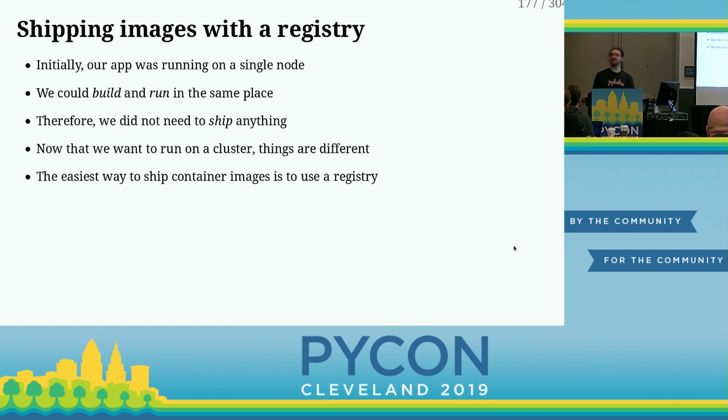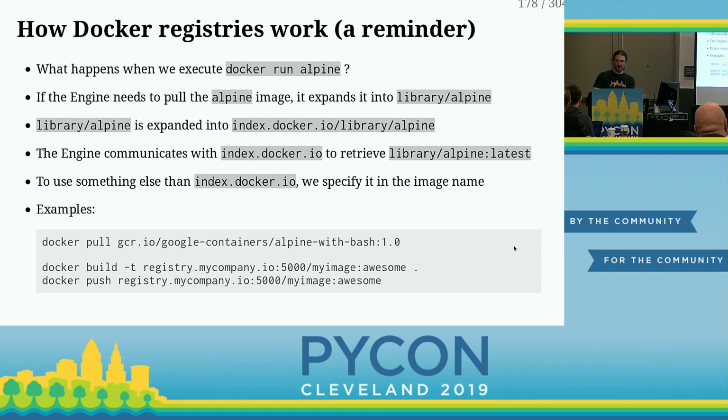So what we're going to do is reference images for Docker coins. We're going to use images named dockercoins/walker, dockercoins/hasher, dockercoins/rng, etc., etc. Now, a little bit of detail on how a container registry works exactly. When we run an image like Alpine, for instance, like we did earlier, or Redis, this is going to expand into library/Alpine. Library is a special user on the registry.